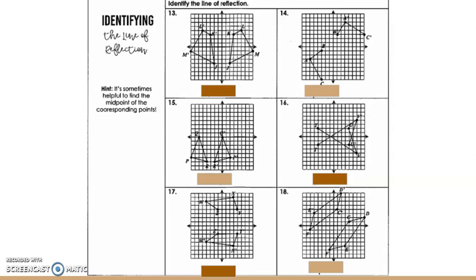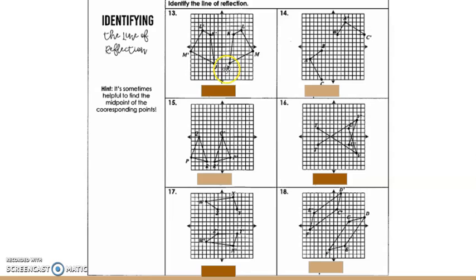Just like with translations, we can also identify what the reflection is that's happening. So to figure out what our line of reflection is, sometimes it's helpful to figure out what the midpoint of the corresponding points would be. So remember, our midpoint formula is x1 plus x2 divided by 2, and then y1 plus y2 divided by 2.